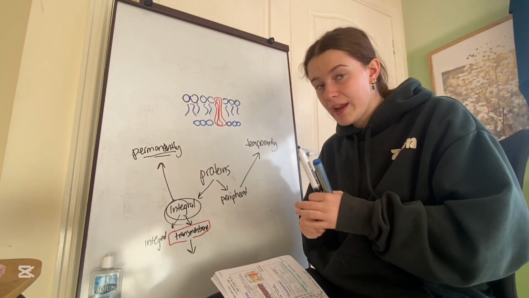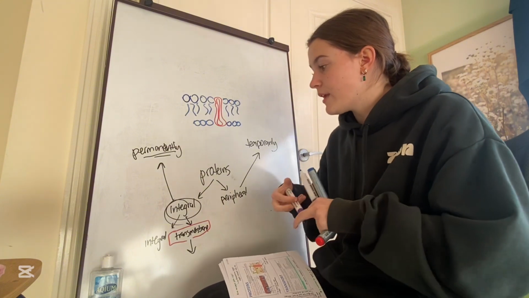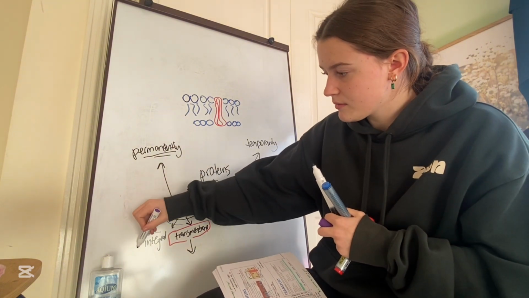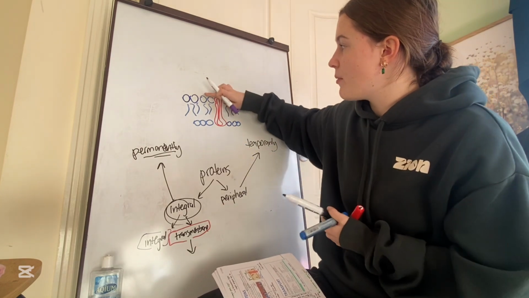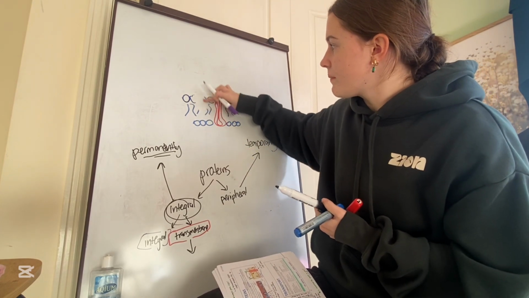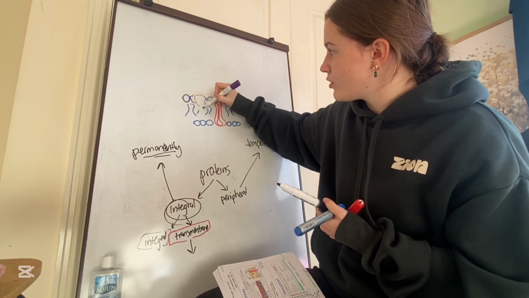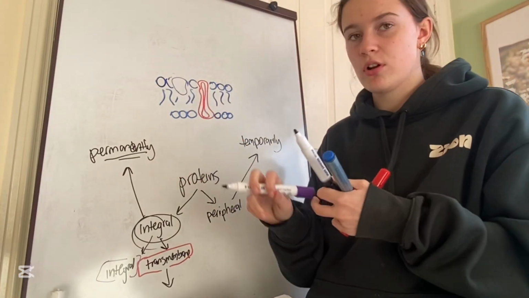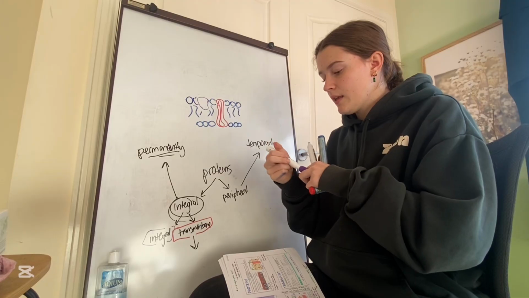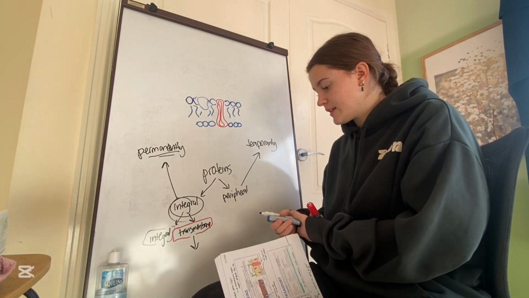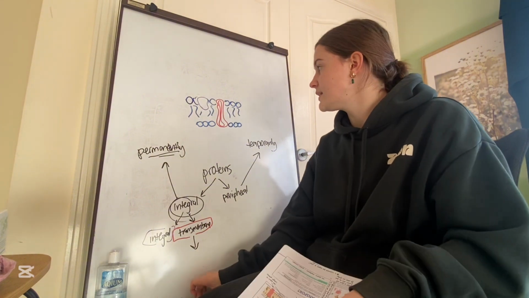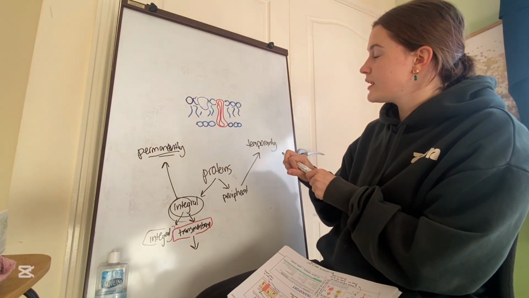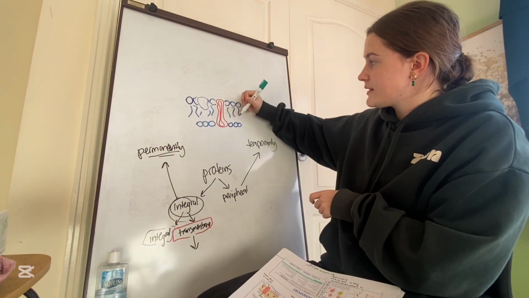Integral, just straight integral, they are still part of the phospholipid bilayer permanently. However, they don't span the whole way across. Do you see that? Now, the difference is that with peripheral proteins, they actually don't even cross this space.